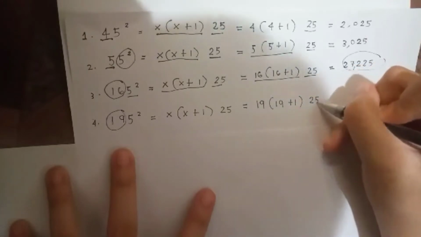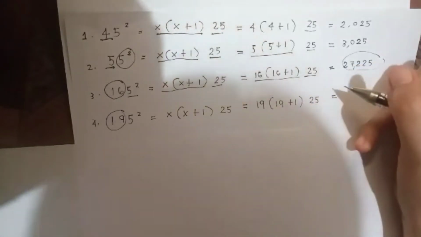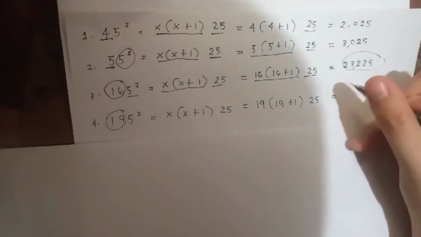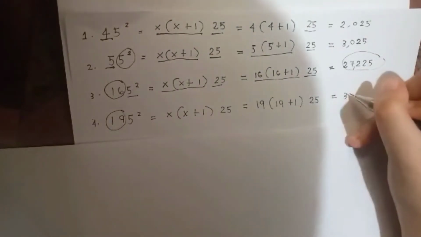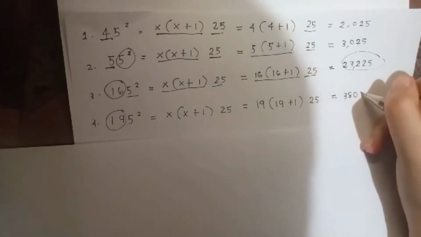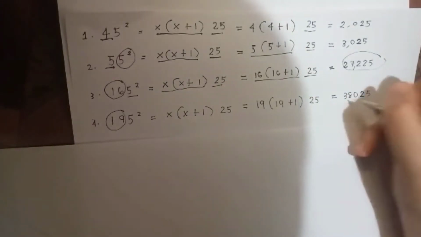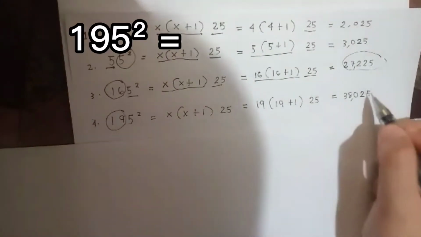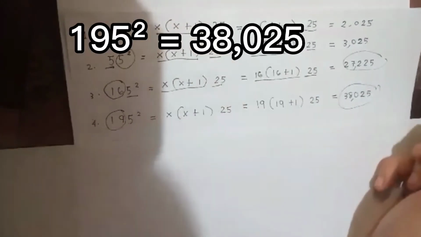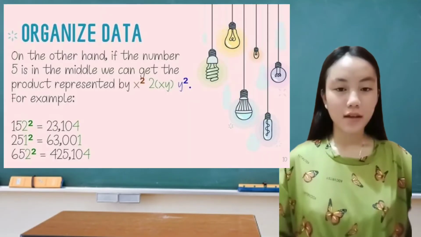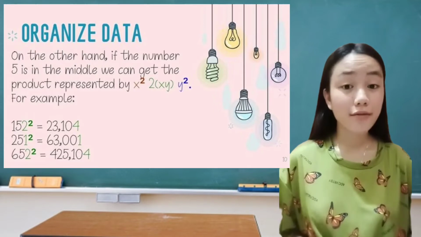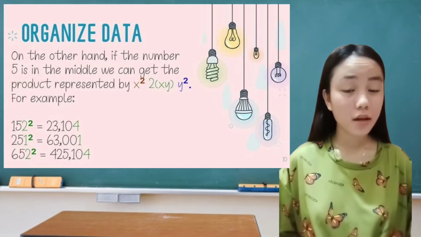Copy the 25, which is equal to 19 plus 1 is 20. 19 times 20 is 380. Copy the 25. So thus we have 195 square is equal to 38,025.